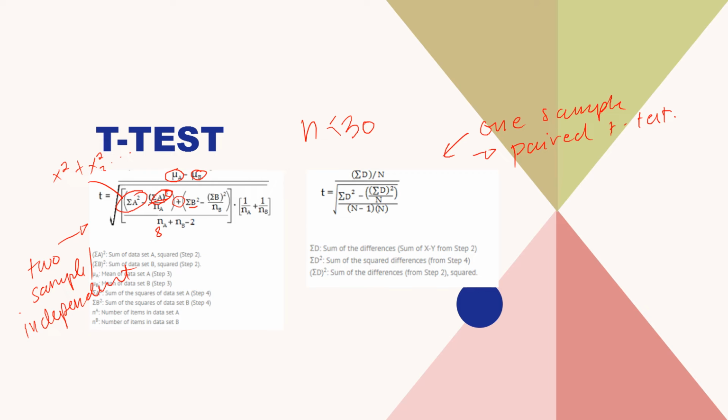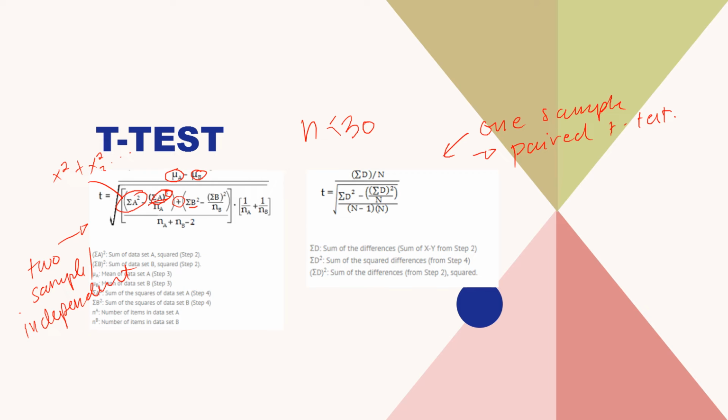Sorry, I must have written a letter A. So that would all be multiplied by the fraction 1 divided by the sample size of A, plus 1 divided by the sample size of B. And all you have to do is take the square root of that value. Okay? So a bit complicated when you're looking at it, but when you're actually performing the test, it's quite simple.